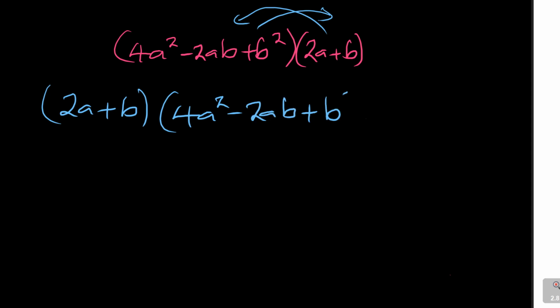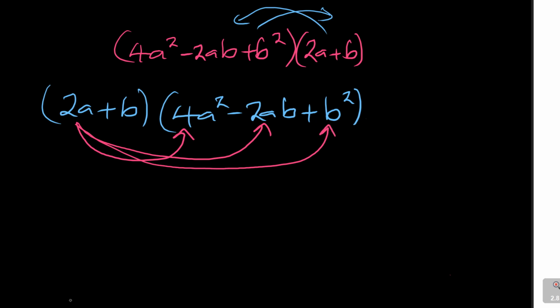So you bring it to the way you want. Then what do you do from here? That's where you say 2a times that, 2a times that, and 2a times that. That's the first part. The second part is the b now. Positive b times that, b times that, and b times that. Guys, that's what is happening there.